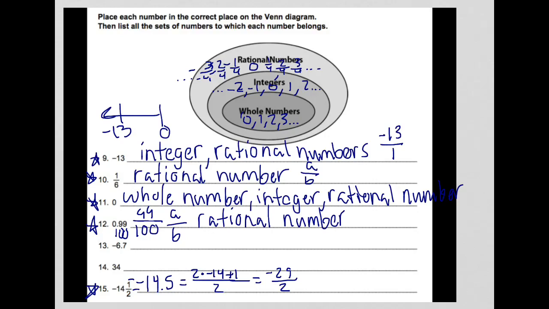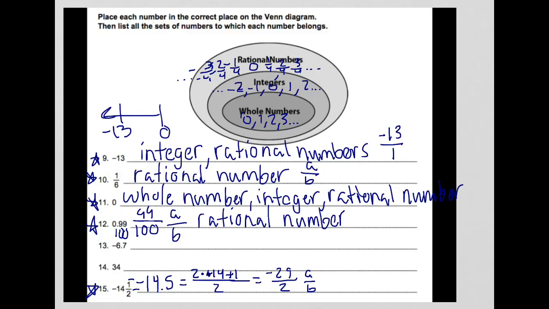So it's negative 29 over 2. And I actually want to jump back to something I said. I actually should have left the negative out till the end. So it's 2 times 14 is 28. 28 plus 1 is 29. And then just add the negative on at the end. And then put that over 2. So 29 over 2, or negative 29 over 2.